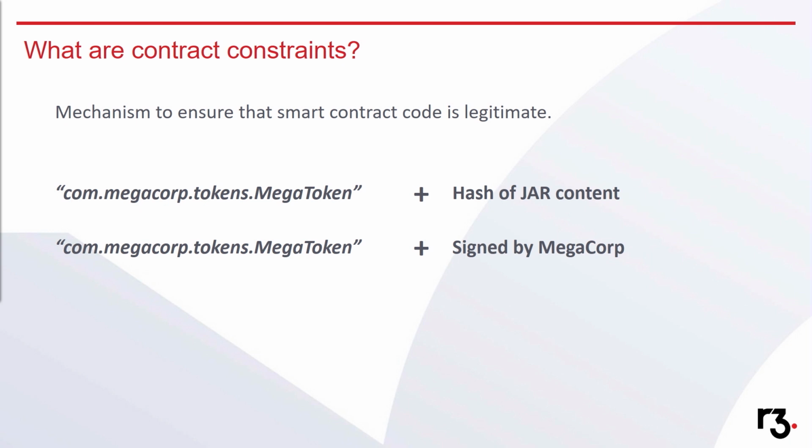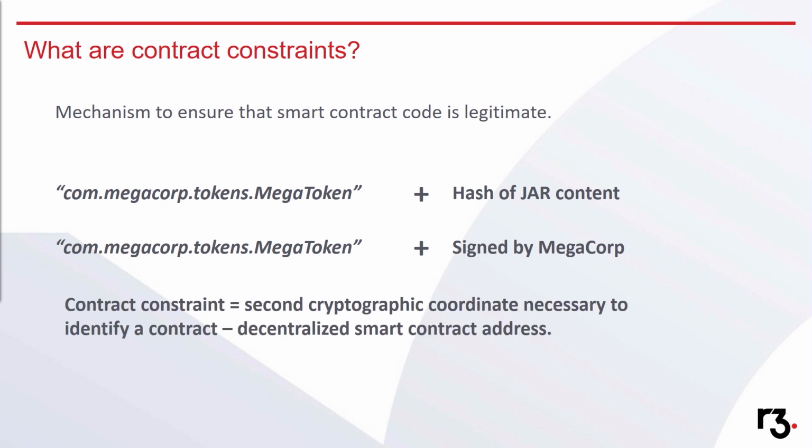So if Megacore signs a jar containing MegaToken, then states can just hardcode the public key of Megacore, and then you know the identity of this class. Another way to look at it is a contract constraint is a second cryptographic coordinate necessary to identify a contract, a smart contract address.